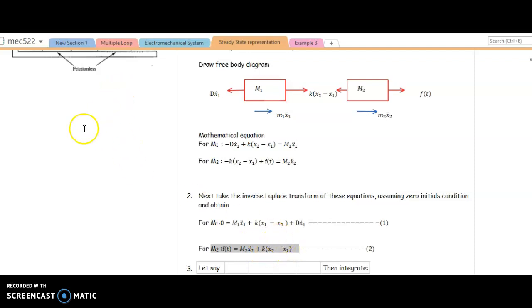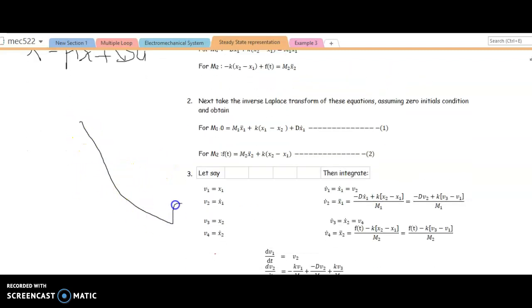Macam mana nak dapat equation ni, macam mana nak solve ni, kena ingat kita punya equation adalah this one, x dot equal ax plus bu. Sekarang kita nak dapatkan x dot tu. So kena buat this step.